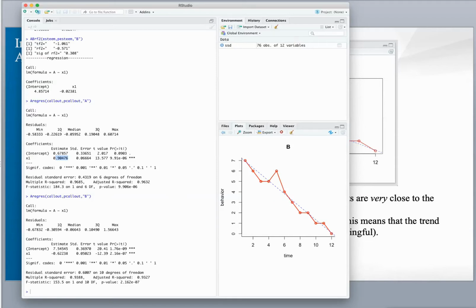So here it's going down at a rate of 0.6, right? So it's trending downward a little more than half a call-out episode a day. So it's going down quickly.